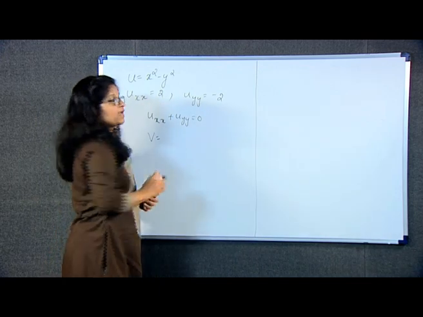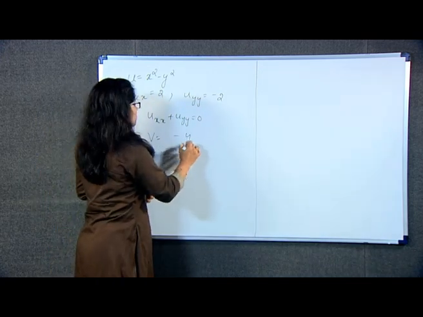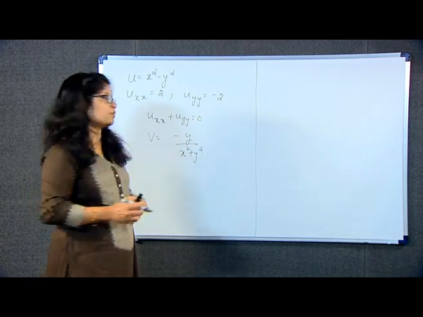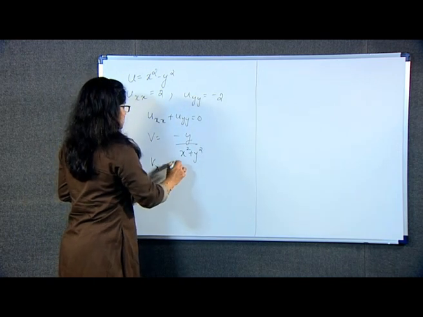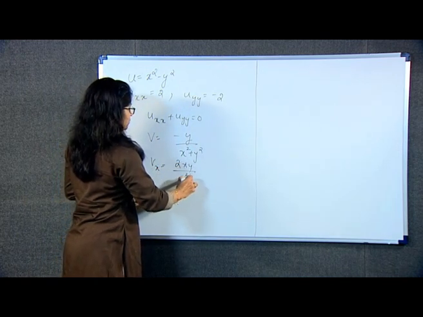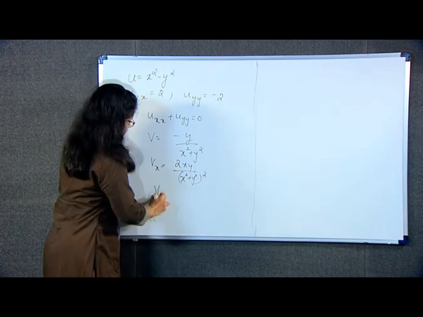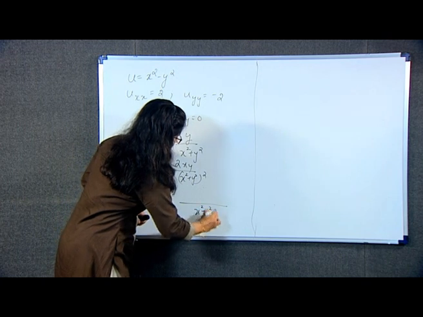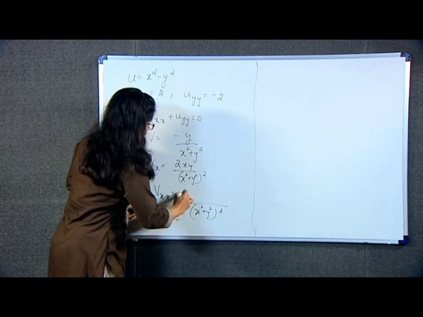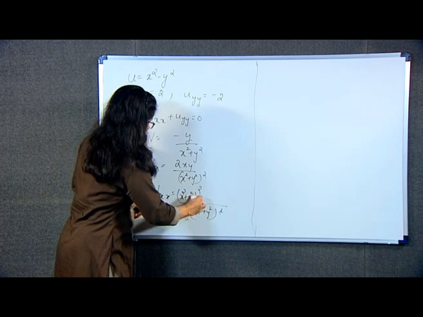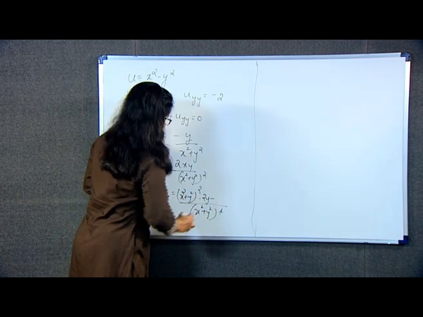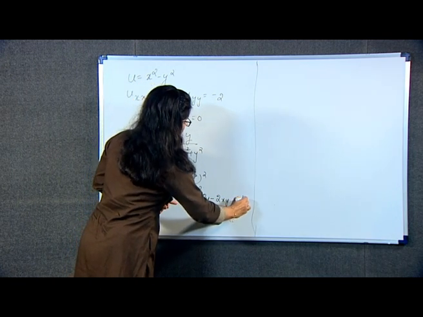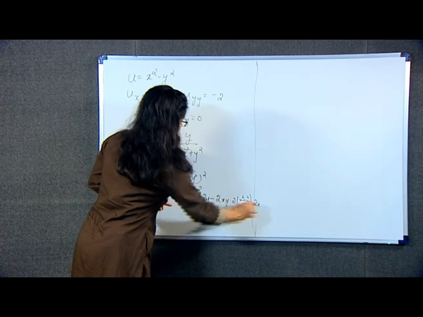Let us take another function, say v, that is minus y by x square plus y square. Let us check whether this is also harmonic. So, vx is nothing but 2xy by x square plus y square the whole square. So, the second order derivative is x square plus y square the whole raised to 4, x square plus y square the whole square into 2y minus 2xy into 2 times x square plus y square into 2x.